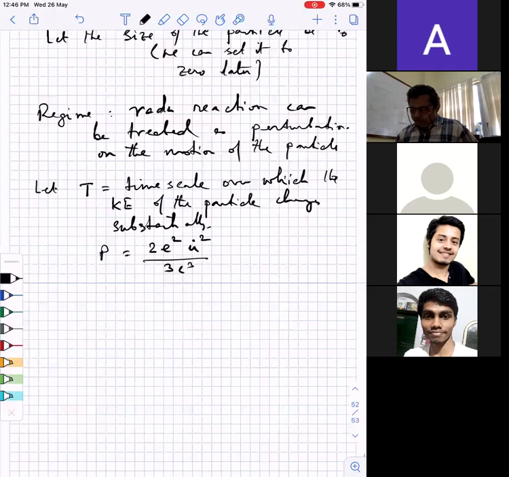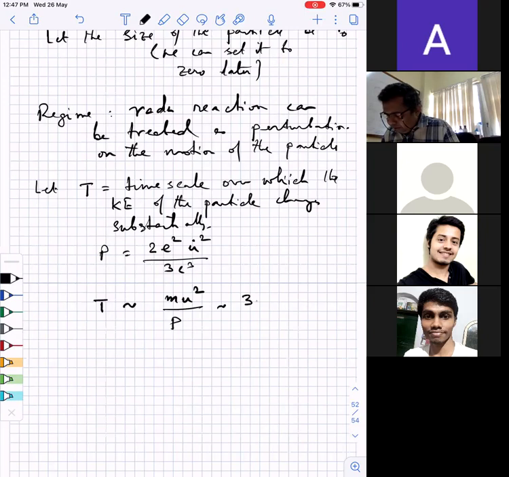So my time scale T would be approximately the kinetic energy, mu squared, divided by this power. That's the typical time scale over which things will change, and I can calculate it.